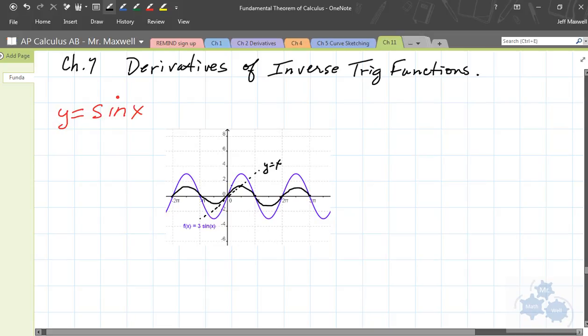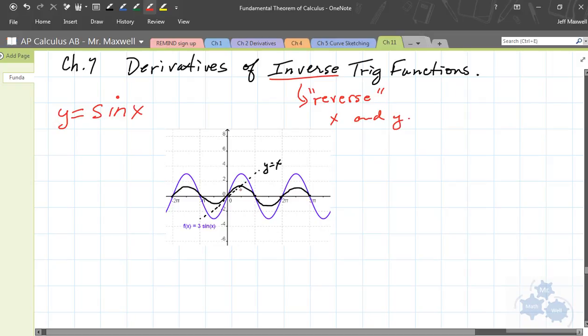And what we did in pre-calculus 30 was we reflected any graph about this line, and we got its inverse. The other thing that we said was, with an inverse function, you think reverse. And what are we reversing? We're reversing x and y.